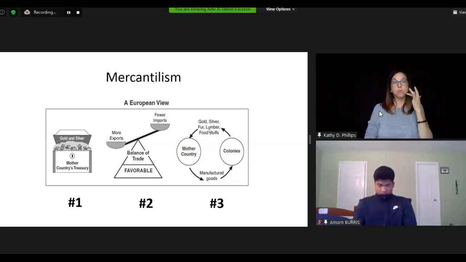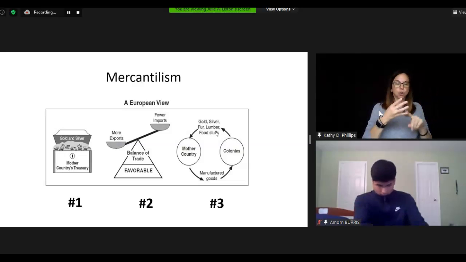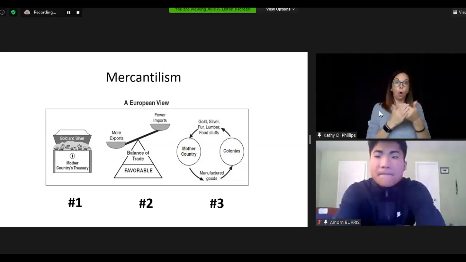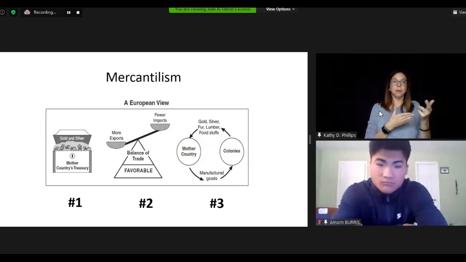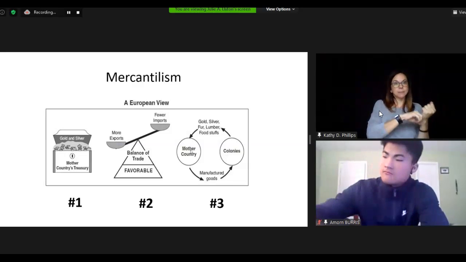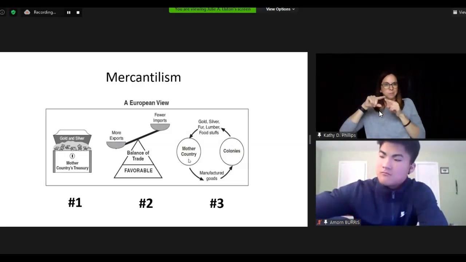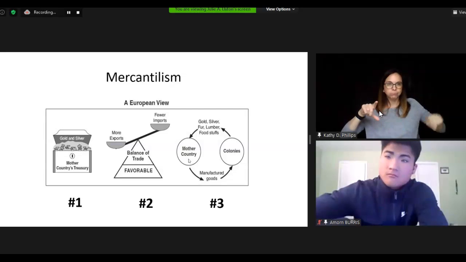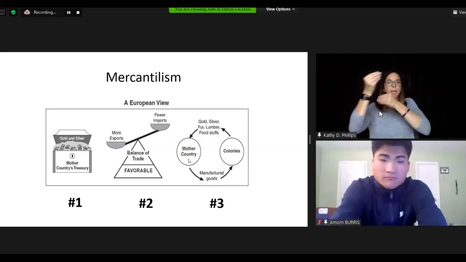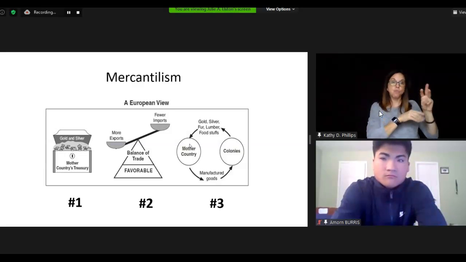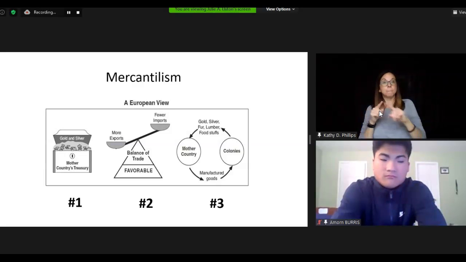The gold and silver, fur, lumber, food. We can think of things like fish or wheat. All of those natural resources are coming back from the colonies to the mother country. Okay, so we have this circle of trade, manufactured goods going to the colonies, natural resources coming back to the mother country. But here's the critical piece.